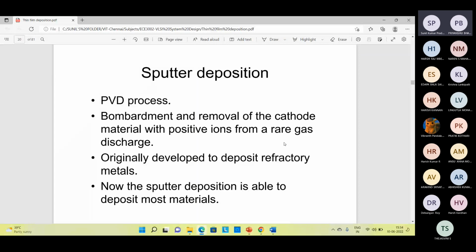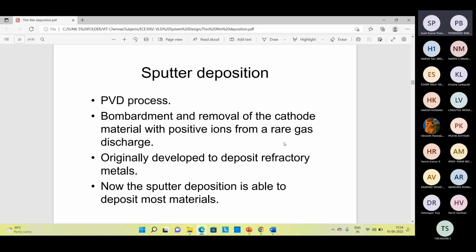We have a target material, and we have a substrate material. The target material is generally placed as a negative electrode, so it serves as the cathode material, and the substrate is made positive, or you can say anode.